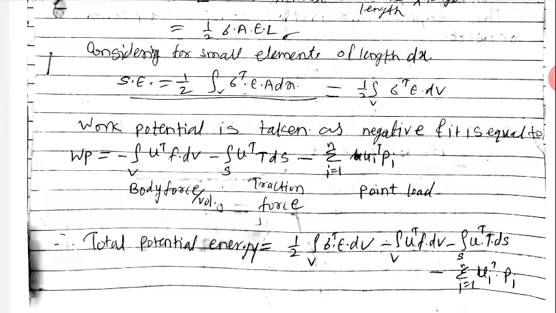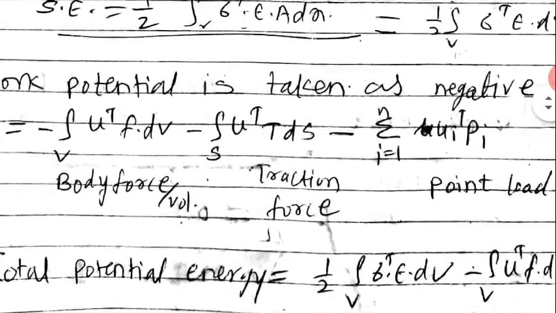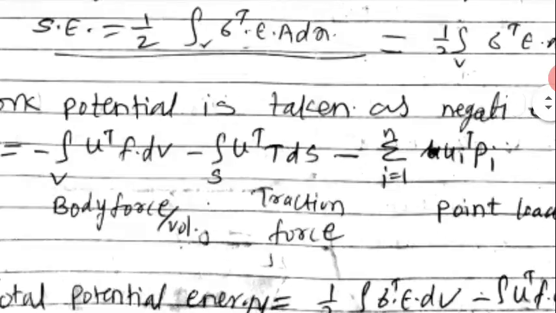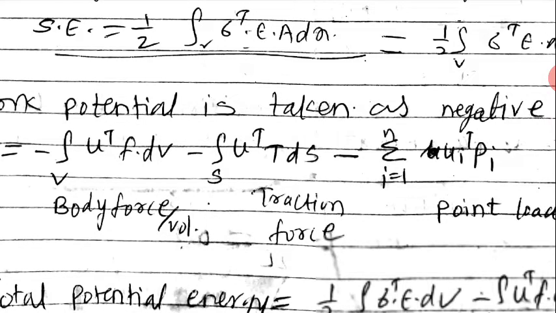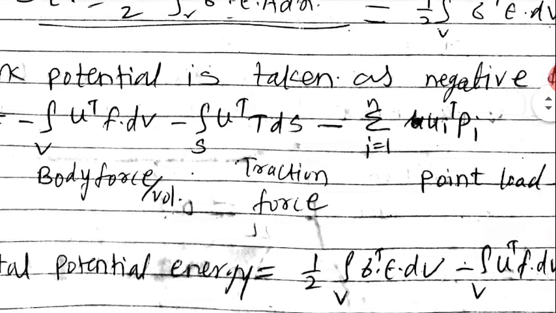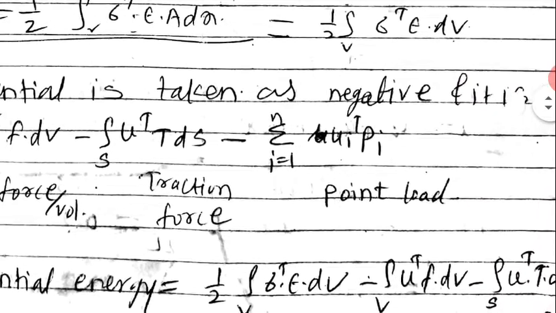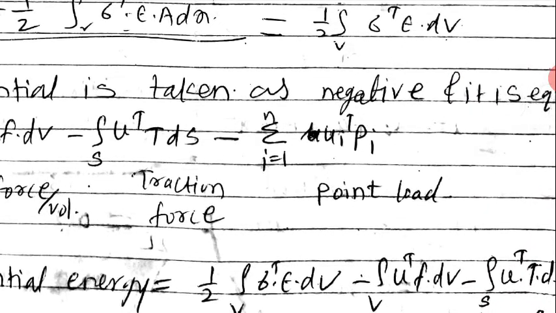The second term is the traction force, which is defined by minus integration of u transpose T dS. T is the traction force. Next, the last one, that is the third term, is the summation of all the point loads.